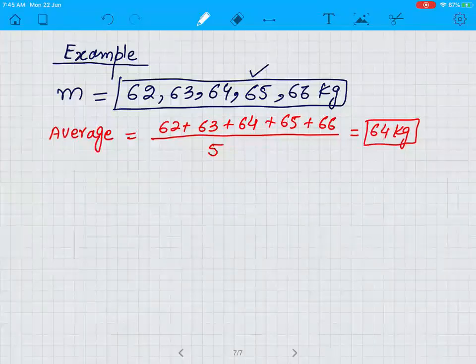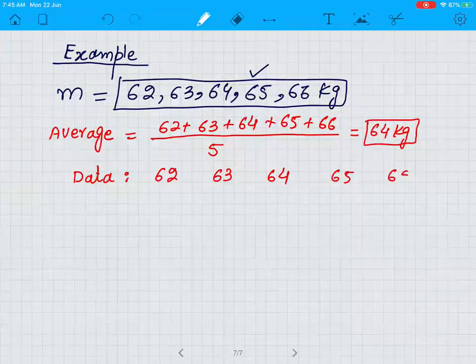Now, for the calculation of random uncertainty, you need to calculate the deviations. First of all, your data points were 62, 63, 64, 65, and then you have 66. Now you see the average was 64.